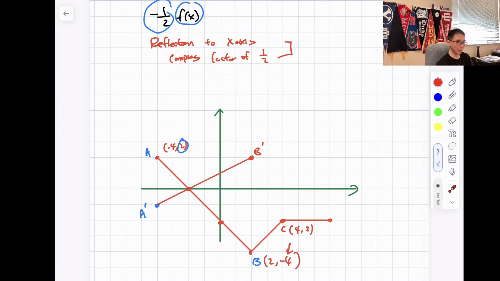Okay, how about C prime? Does anybody have a C prime? 4, 1. Yes, absolutely. Good job. So 4, 1 is gonna be this C prime. Is that okay? How about D prime? Samuel? 7, 1.